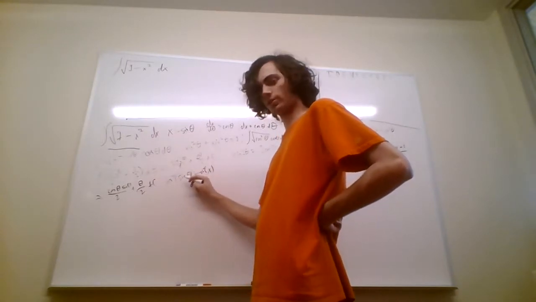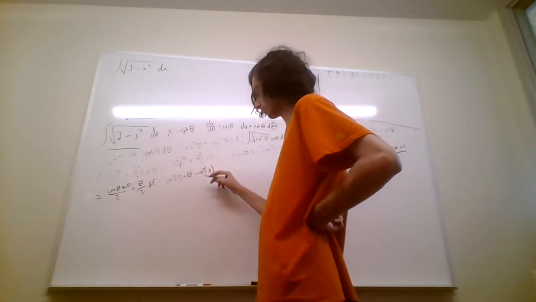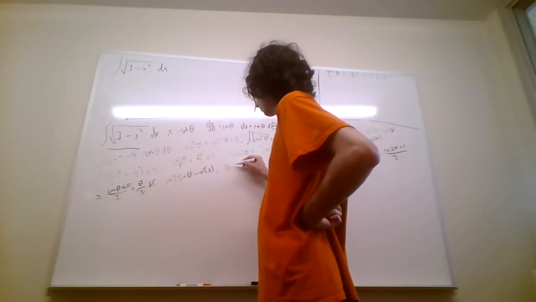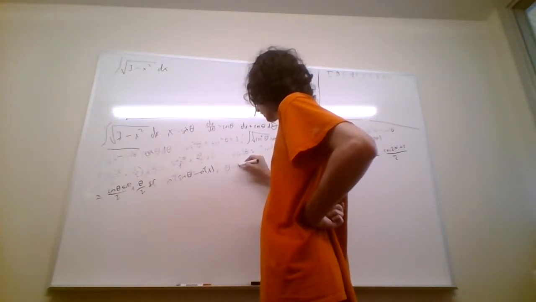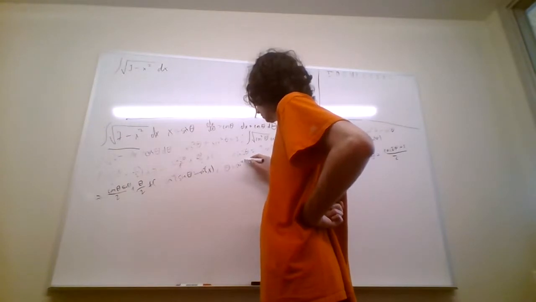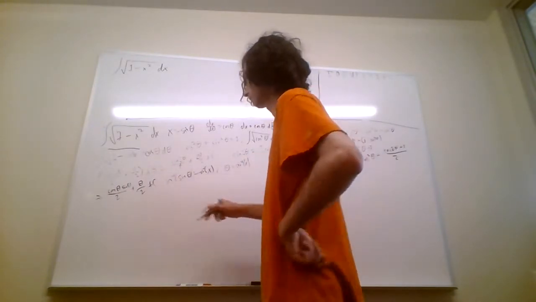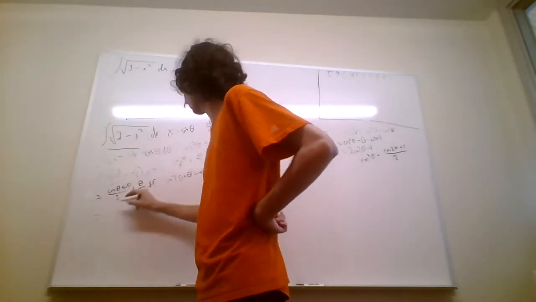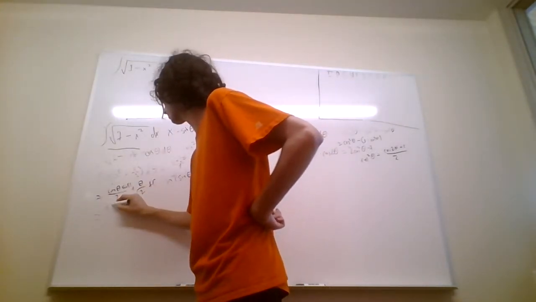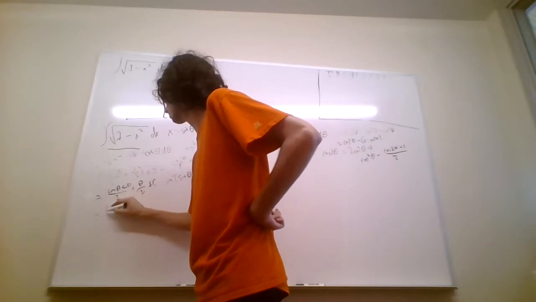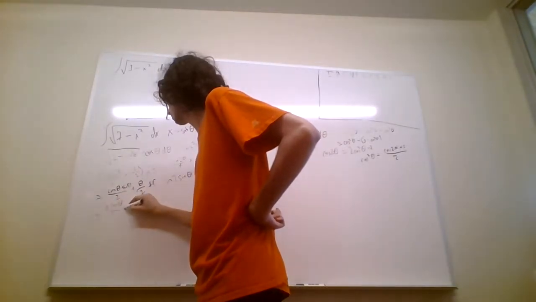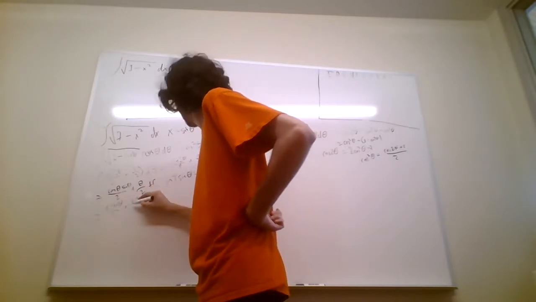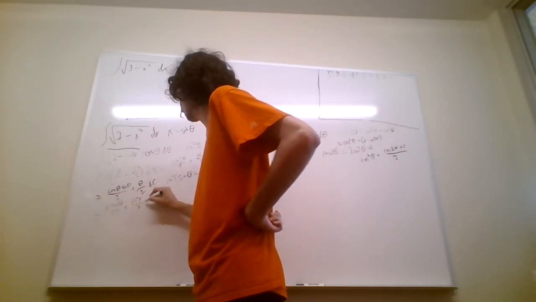Sine inverse of sine of theta is just theta, and so we can figure out that theta is equal to sine inverse of x. So that sine theta is just x, so we can say the result is equal to x cosine theta divided by 2 plus sine inverse of x divided by 2 plus c.